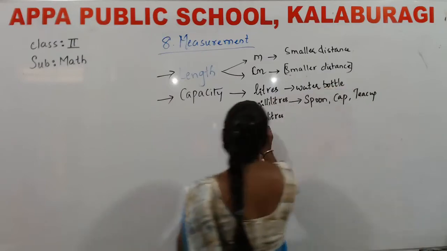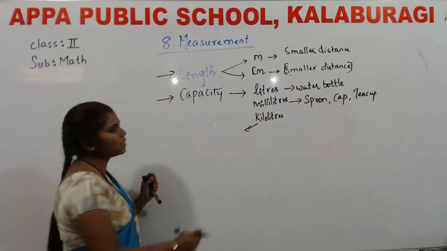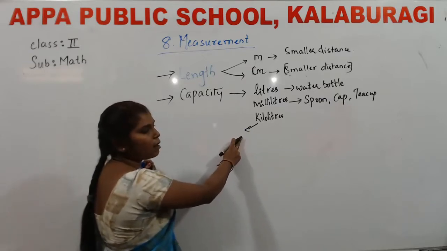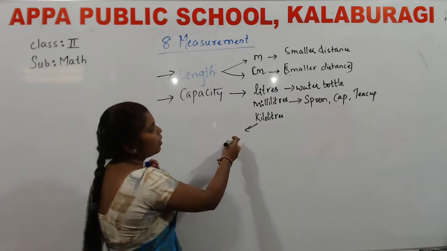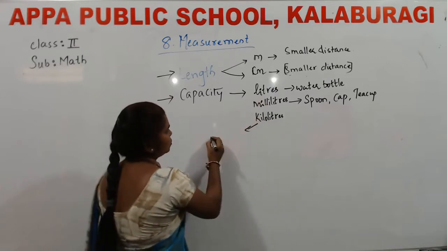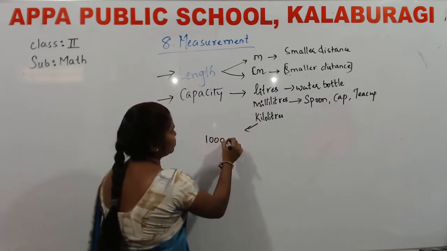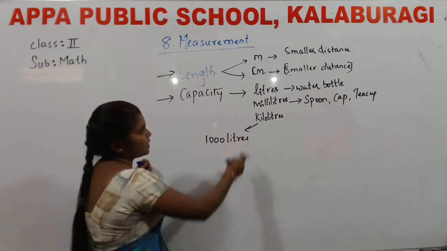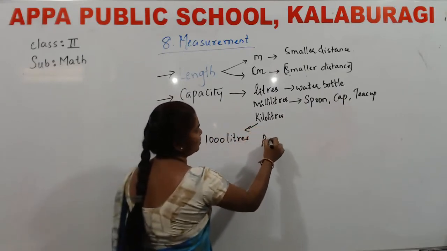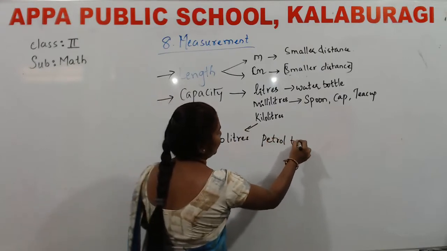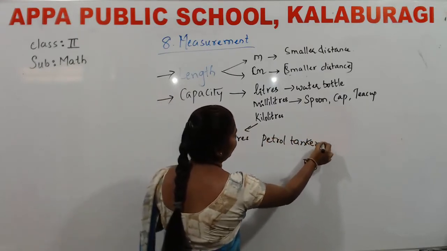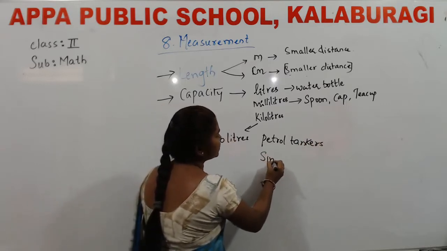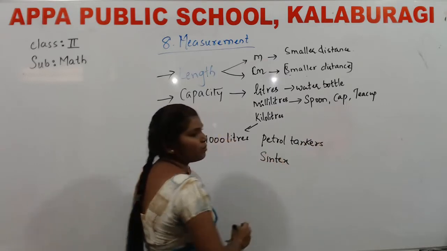Next comes kiloliters. Kiloliters is the amount which is more than liters, nearly about 1000 liters. An example for kiloliters is your petrol tankers, or even the tank at the top of your house.